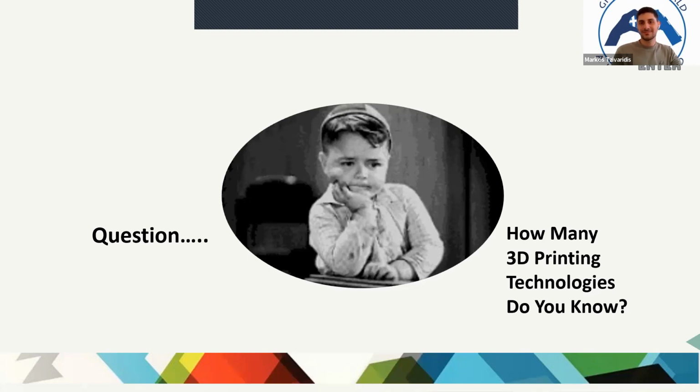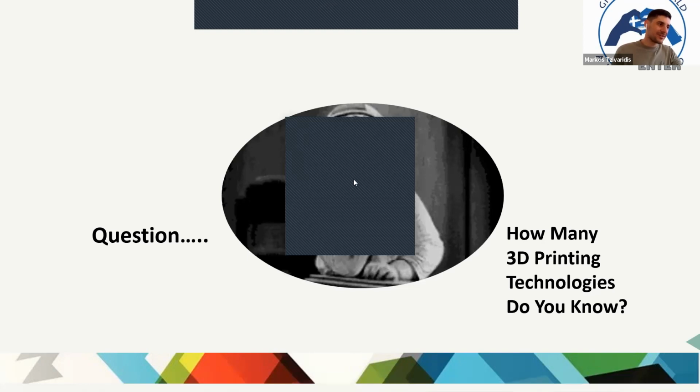Any answer? No one? Ah, okay, 0, 1, 0. Wait, 2. Okay, I don't know why so many people say 0. That's weird, because 3D printing is an umbrella term for a lot of technologies. 1, 1.